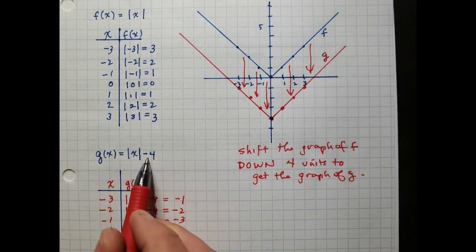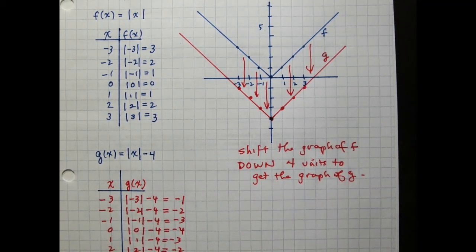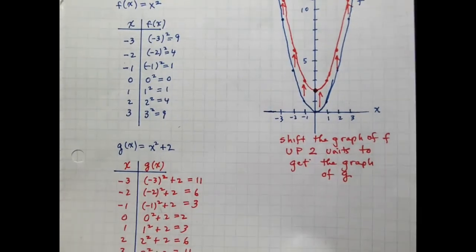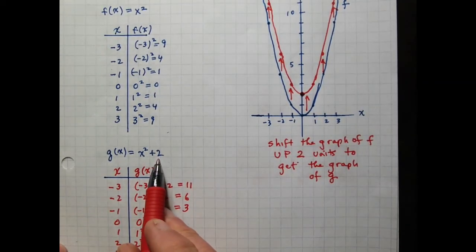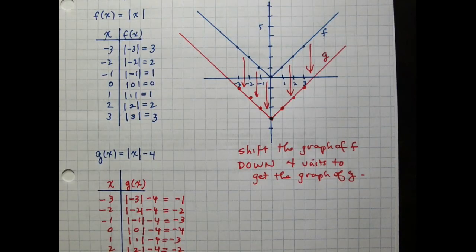The -4 is an indication of shifting the graph down 4. Just like with example 1, the +2 was an indication of taking the squaring function and shifting it up 2 units. So in the next video, we'll do some exercises with this idea.